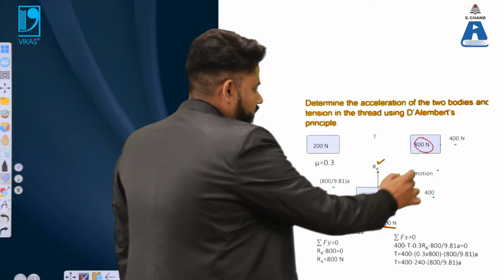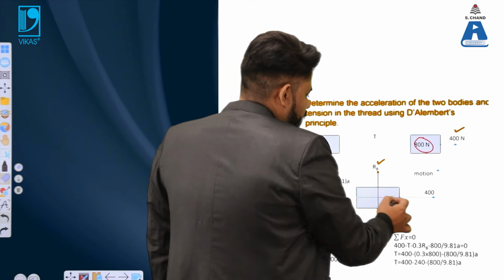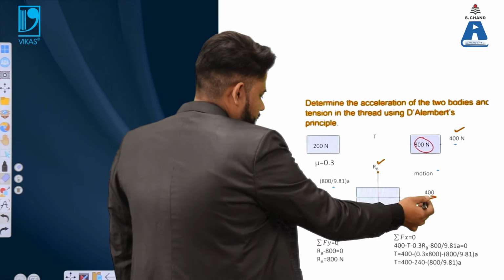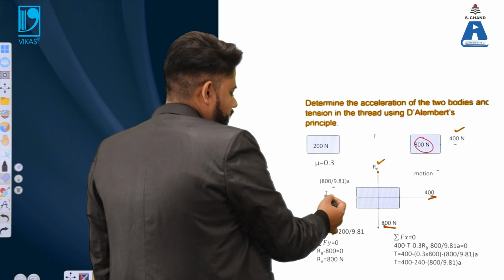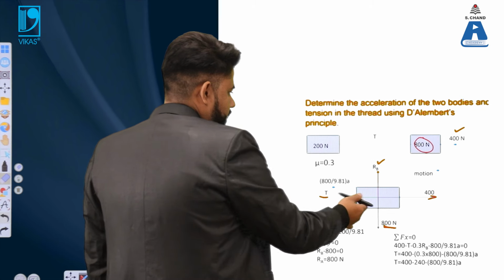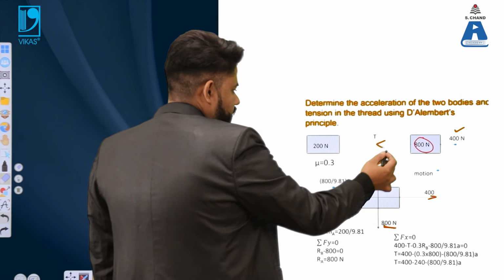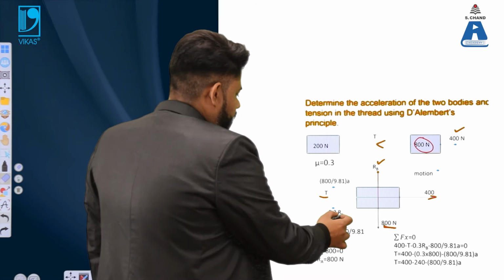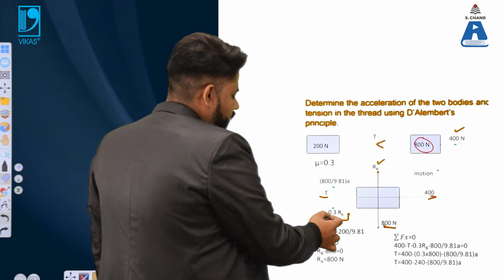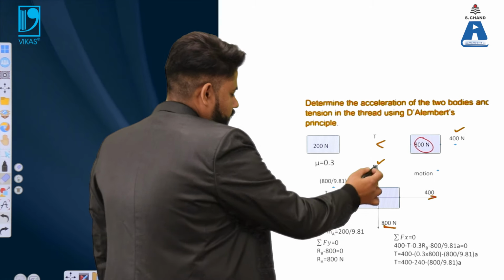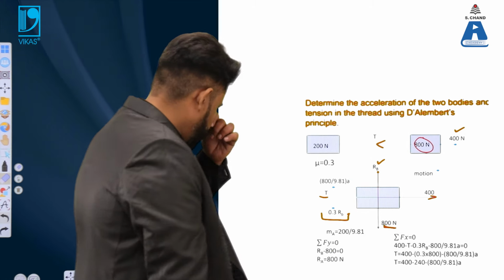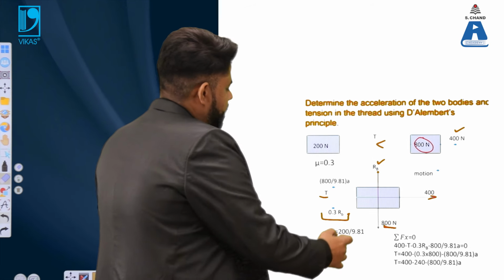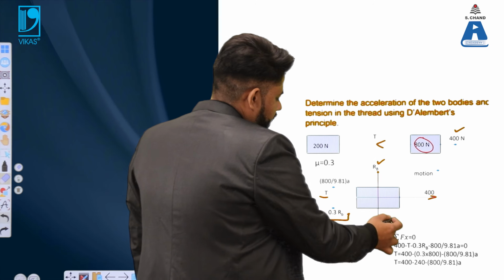Herein, this 400 Newton is one of the forces given in the x direction, and the counterbalance force is T, the tension. Additionally, the force offered by the floor is 0.3 times Rb.